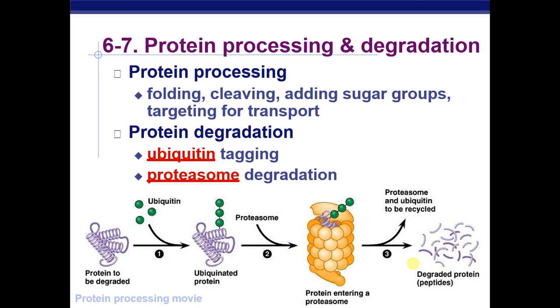Certain enzymes, ubiquitin and proteasomes, are responsible for tagging and degrading proteins that aren't needed or are malfunctioning. Even after a protein is made, it can be targeted and destroyed using ubiquitin and proteasomes before it's able to be recruited to the area where it would perform its function and have any effect on the organism.